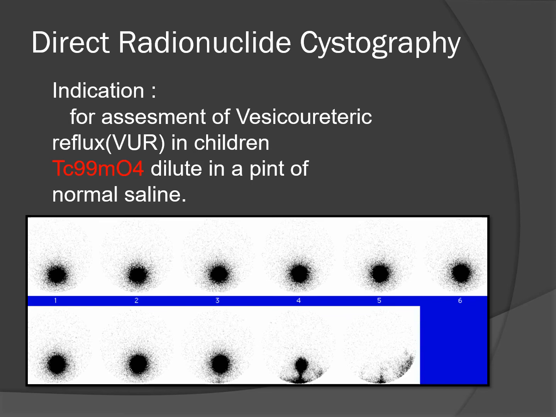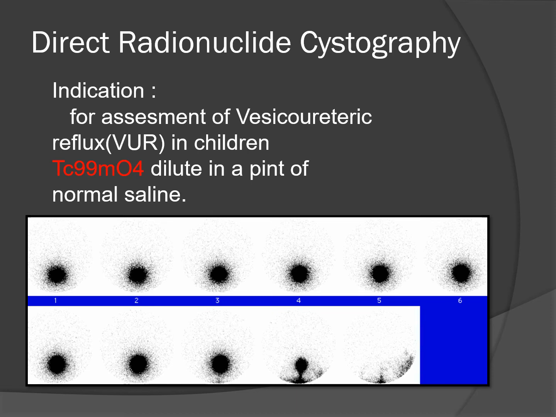So we use technetium 99m pertechnetate only. For this study, we put the patient on a continuous bladder catheter, and then we infuse 1 pint of normal saline which we already put technetium 99m inside, and then we image the patient.